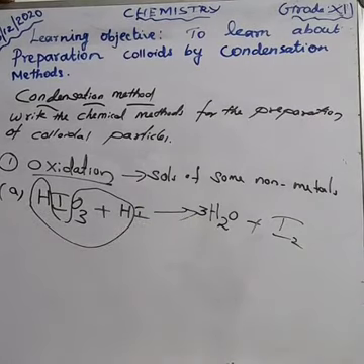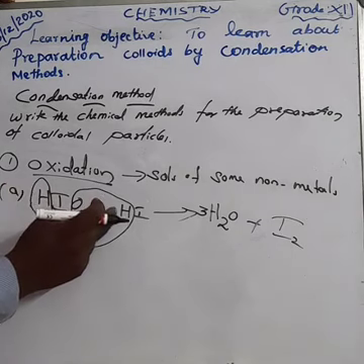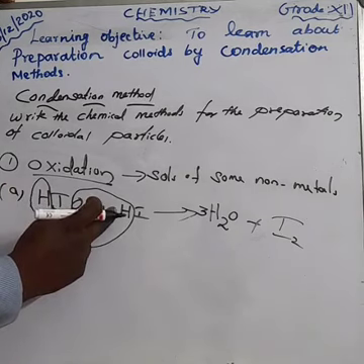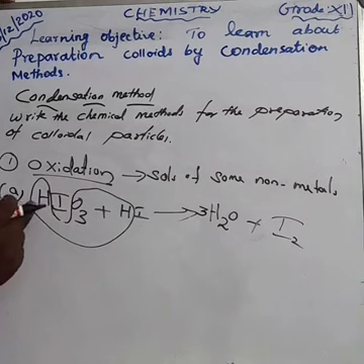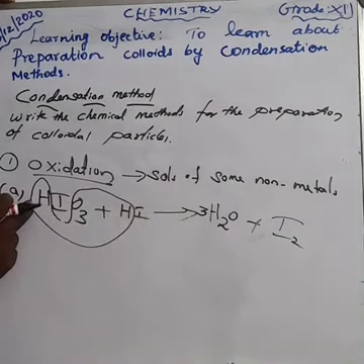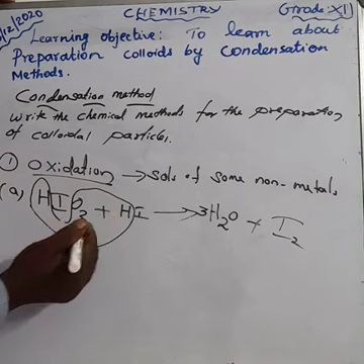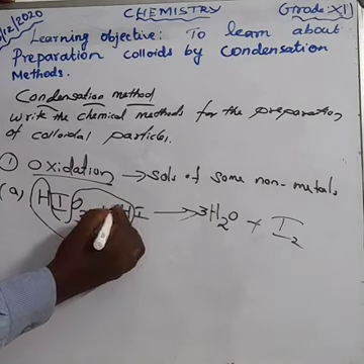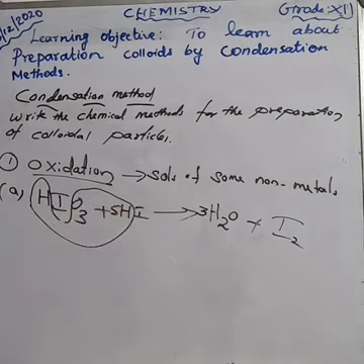One is here. Out of 6, 1 is here. So 6 minus 1, 5 hydrogen.